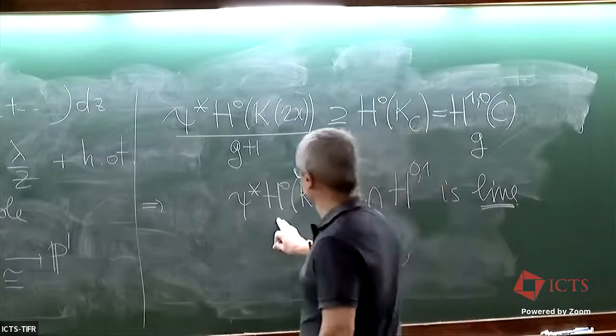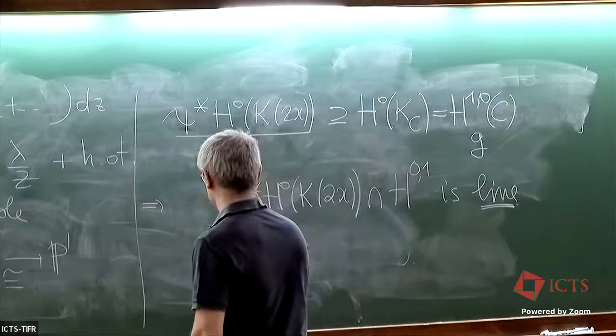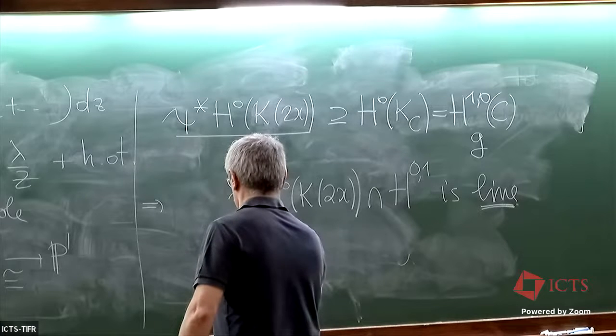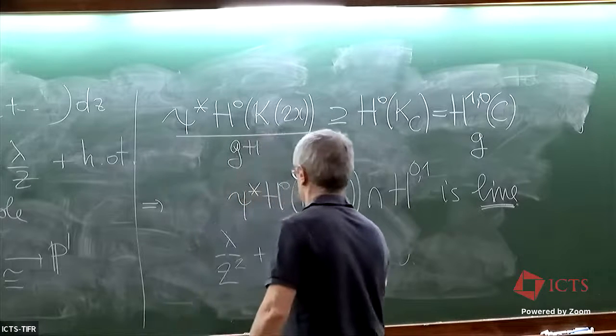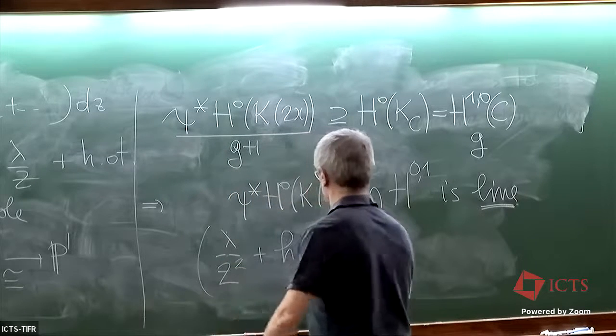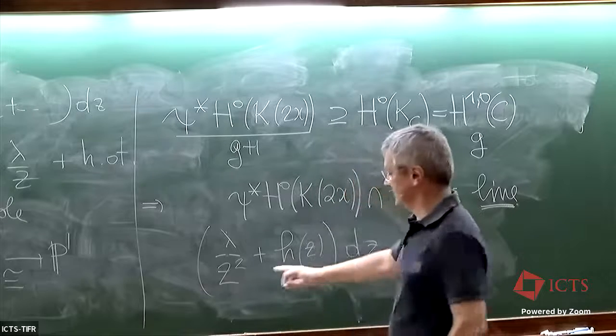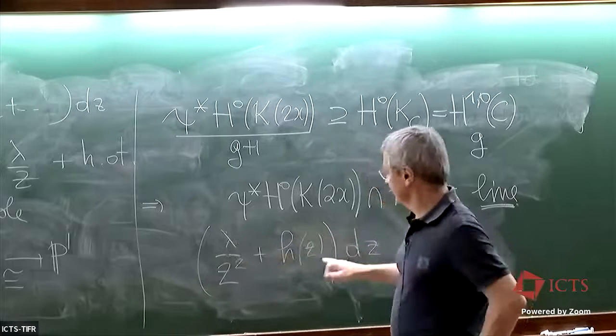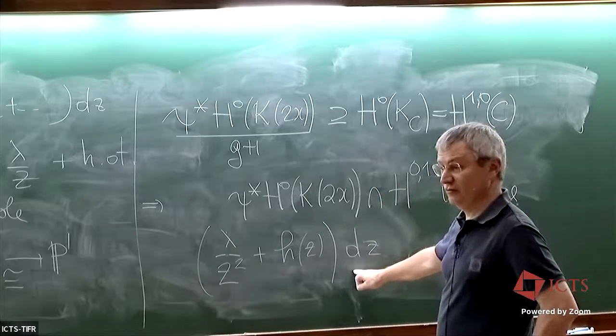And elements here will look like what I wrote there. Locally, they will be like this. And so we can use this coefficient to pick a particular form.